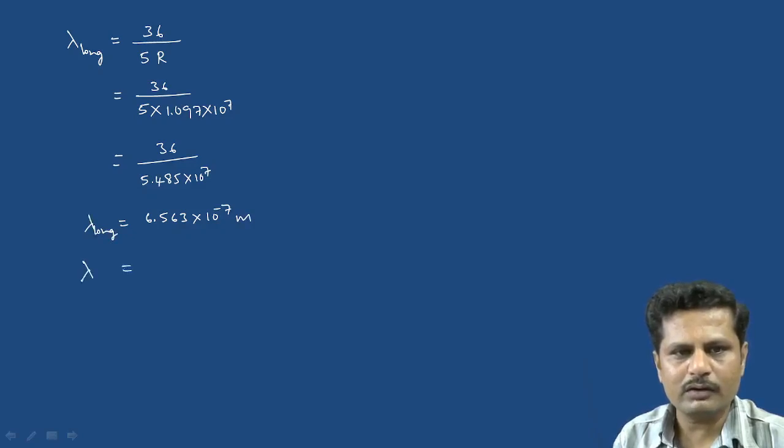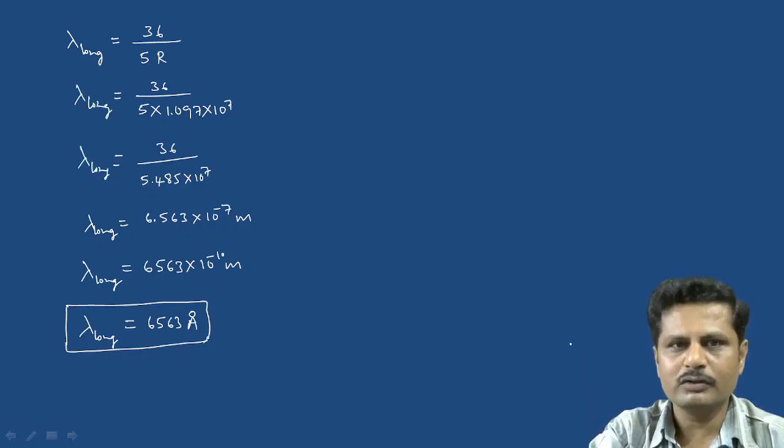So the longest wavelength equals 6563 into 10 raised to minus 10 meter, that is 6563 angstrom. This is the longest wavelength of the Balmer series.